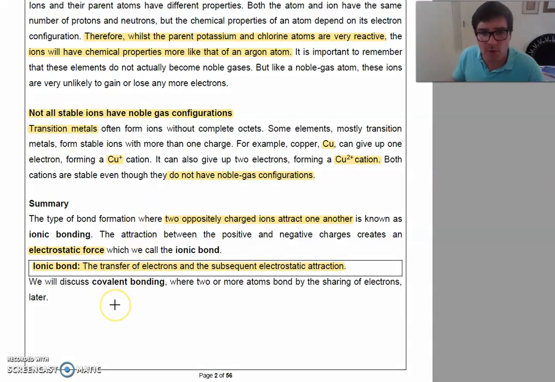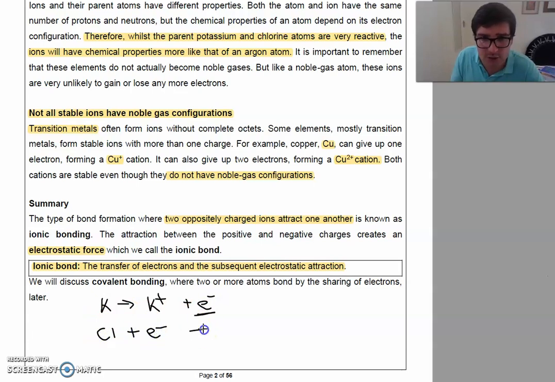So just to summarize what we've learned. If we take our potassium and chlorine atoms as an example, the potassium atom loses an electron to form a potassium ion. Okay, this electron can then be gained by a chlorine atom to produce a chloride ion.